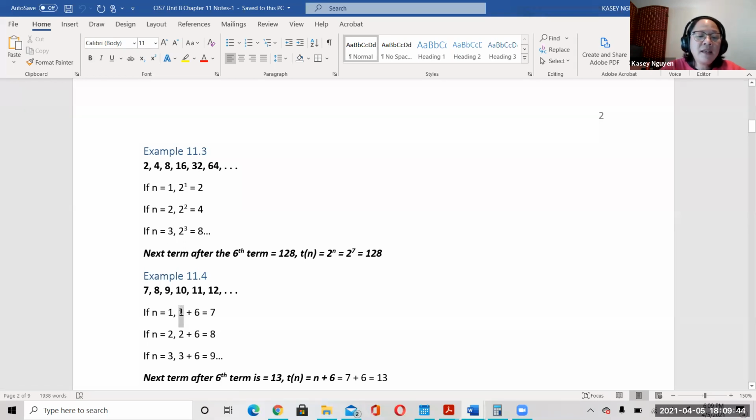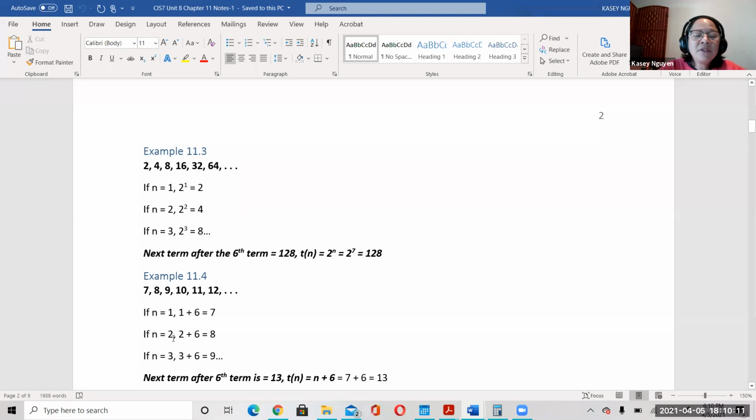So to the n, right, we're going to add a 6. So in this case, we have to see what is the pattern? What is the common value that we're adding throughout, where when we have the n is 1, 2, 3, 4, 5, we're going down the value with the n.